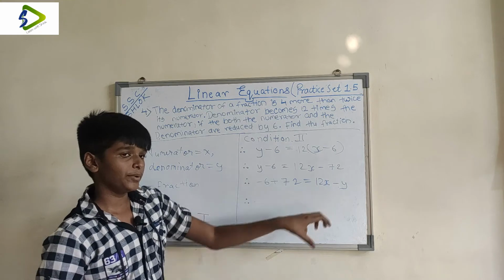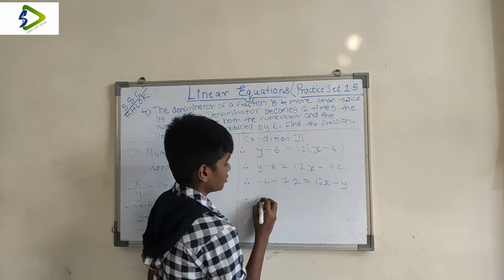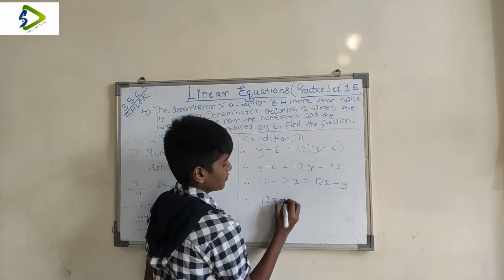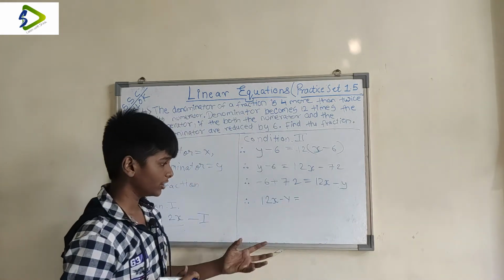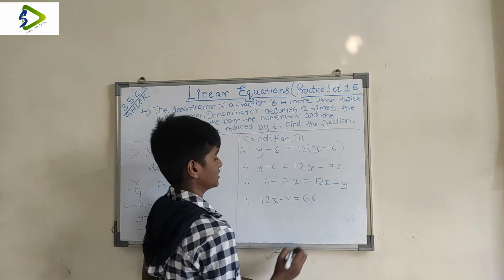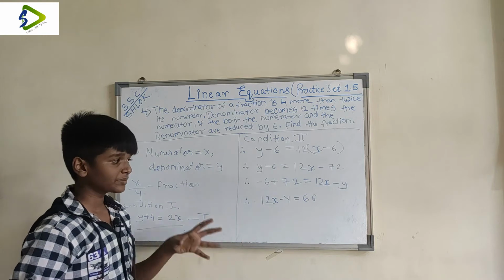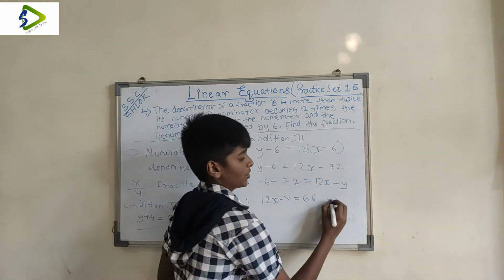You can flip it and write 12x minus y is equal to minus 6 plus 72. What is minus 6 plus 72? It is 66. So 12x minus y is equal to 66. That's the second equation we got.